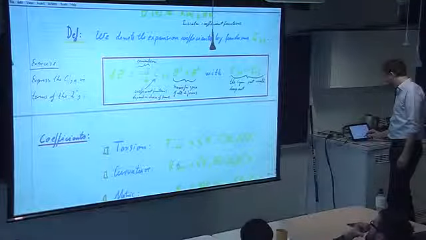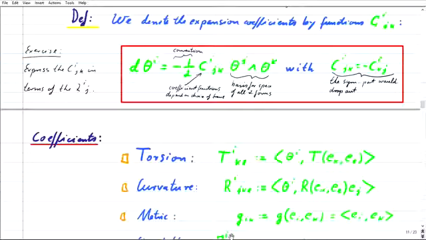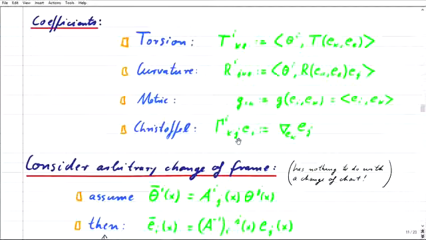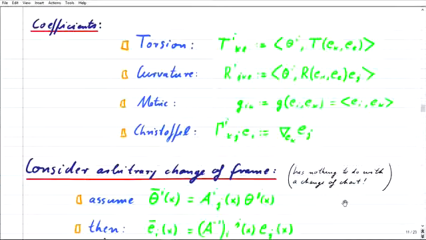Okay. So now that we've allowed ourselves to choose arbitrary bases in the tangent and cotangent spaces, as long as they are dual bases to each other, we can now express the torsion tensor, the curvature tensor, the metric, and the Christoffel symbols in those designer bases. And we do it in exactly the same way as we've done all along.